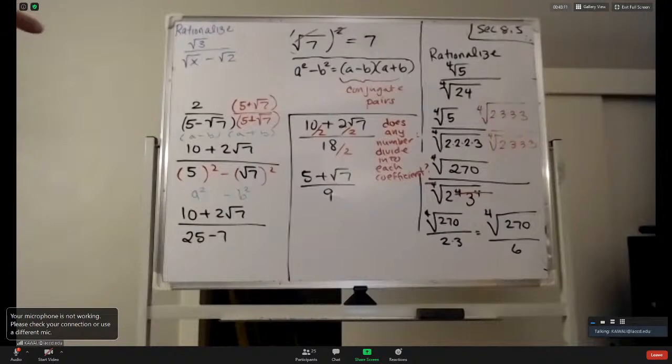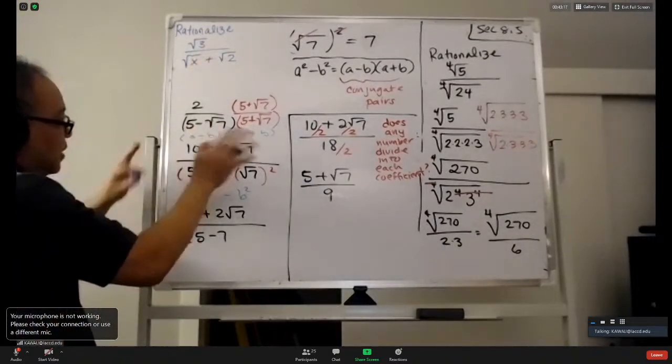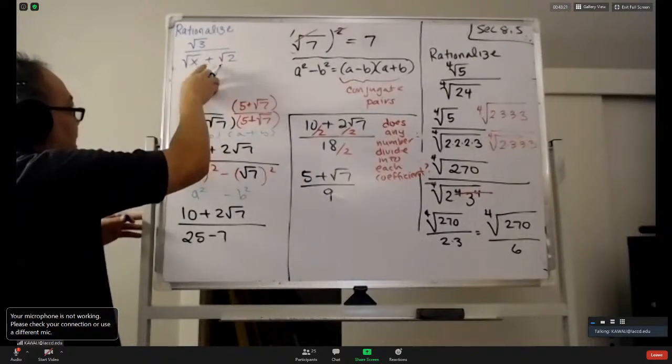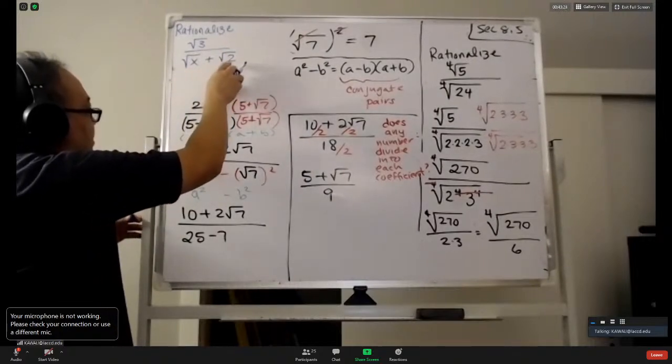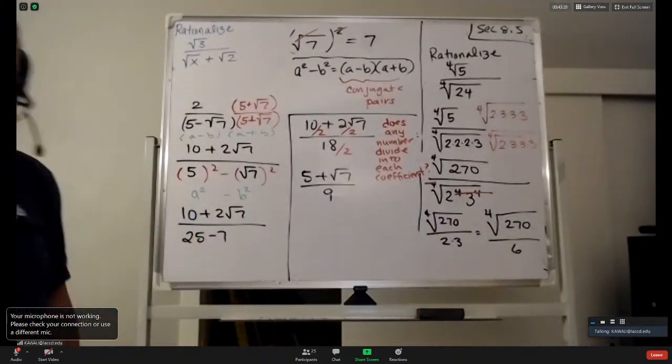That's okay. Just rationalize by the conjugate. Actually, instead of a minus, let's make this a plus so we can see that what we'll multiply the top and bottom by is square root of x minus square root of 2. So go ahead and see if you can multiply it by the conjugate.